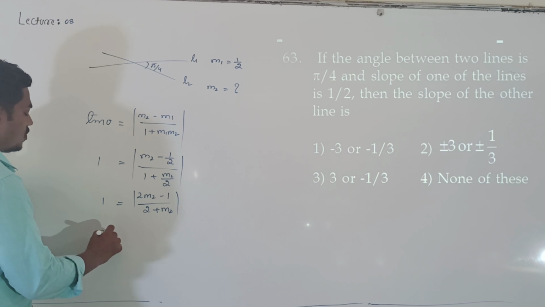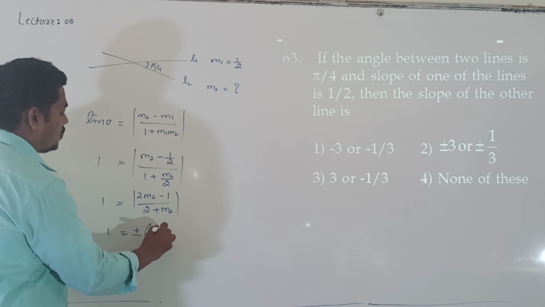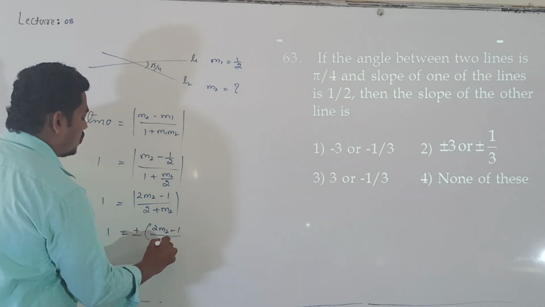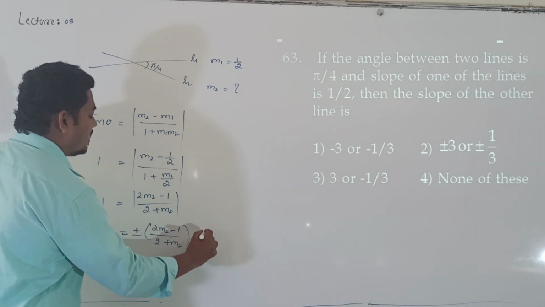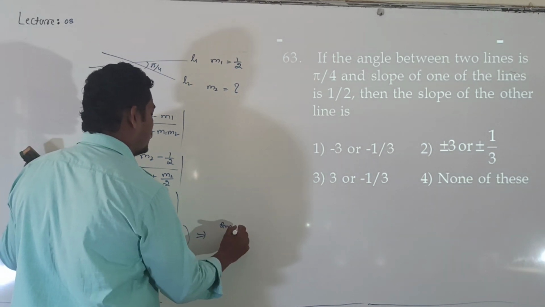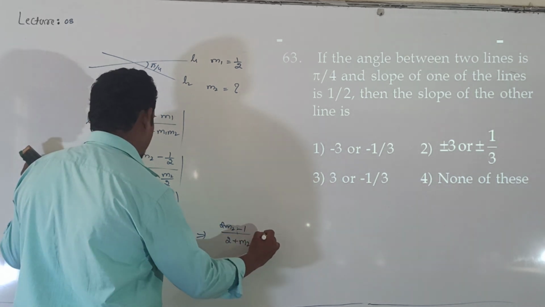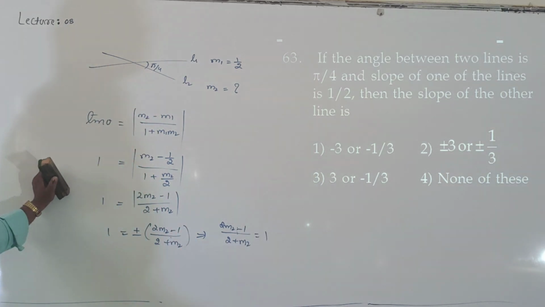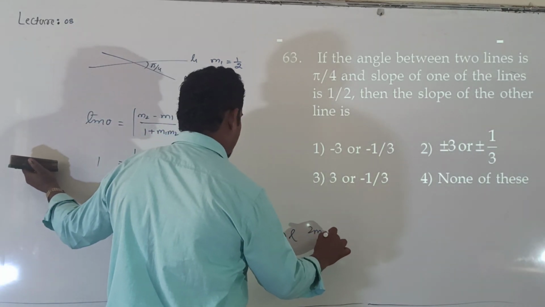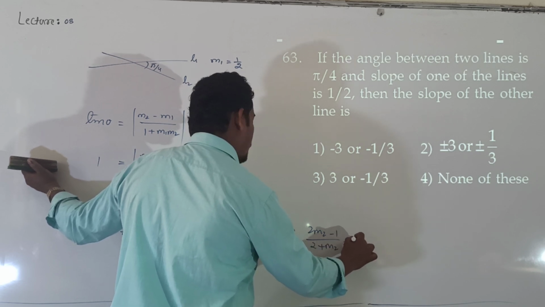Instead of the modulus sign, consider plus or minus. So (2m2 minus 1) divided by (2 plus m2) is equal to 1, or (2m2 minus 1) divided by (2 plus m2) is equal to minus 1.